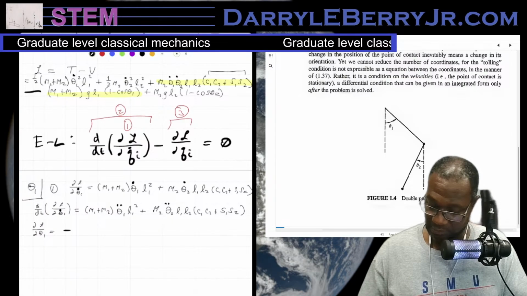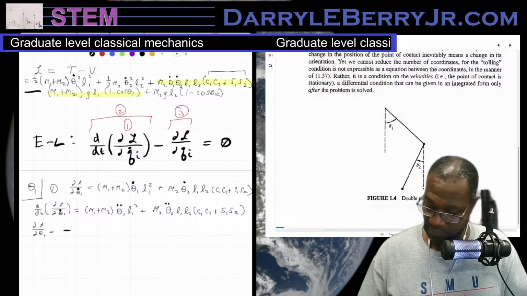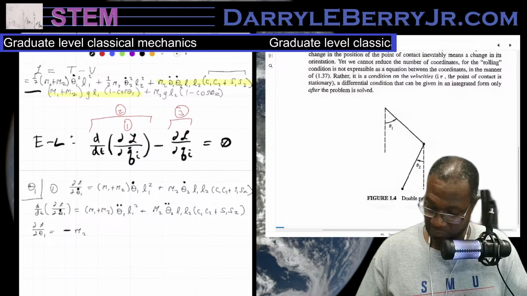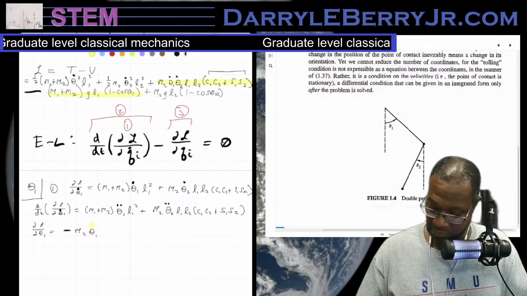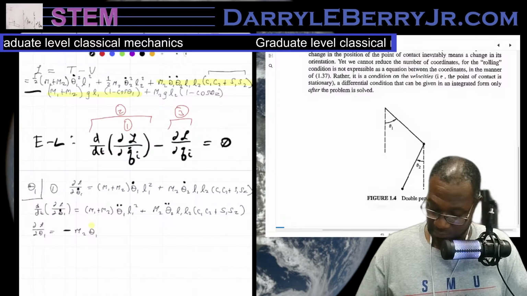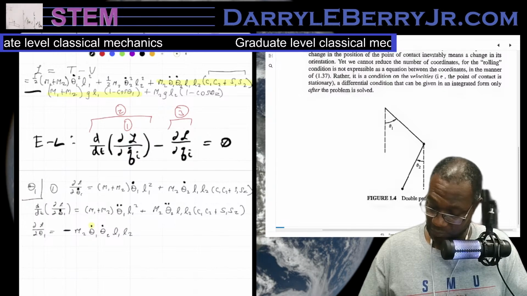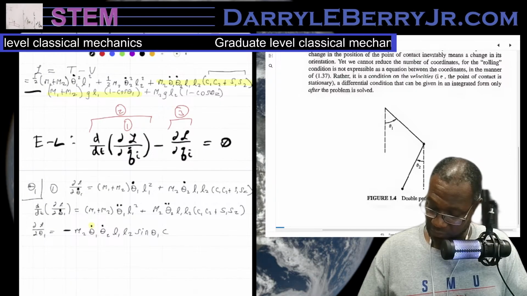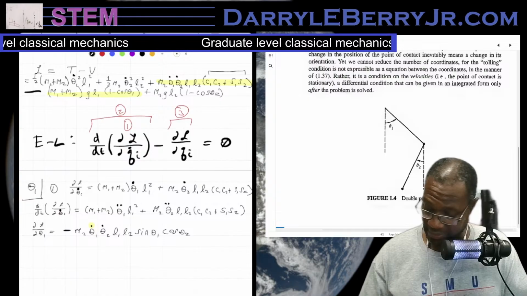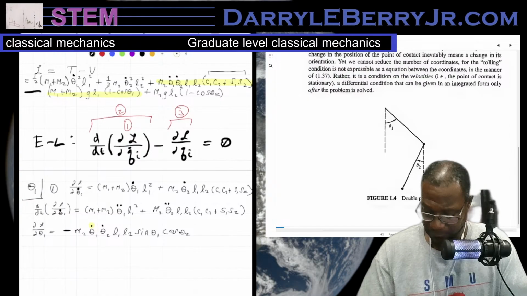And we're going to have M2 theta 1 dot theta 2 dot L1 L2 sine theta 1 and cosine theta 2. The other part of that disappears since there's no regular theta there.